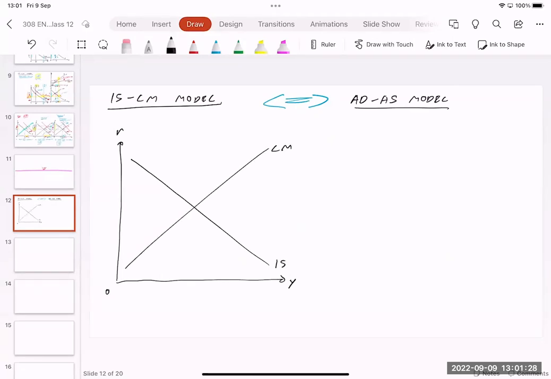The IS curve is derived from equilibrium in the output market, shown by using the Keynesian cross model. The LM curve comes from the equilibrium in the money market. When IS intersects with LM, we have the equilibrium point E1, the equilibrium GDP Y1, and the equilibrium real interest rate R1, like this.